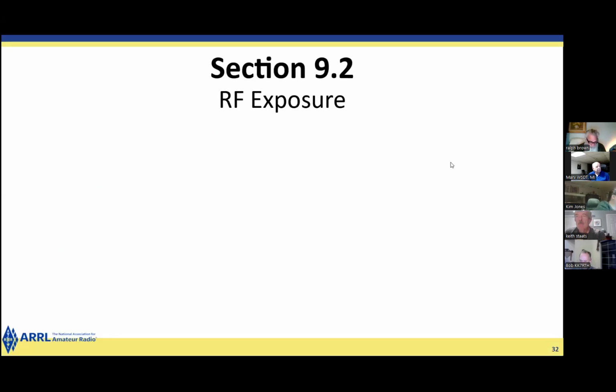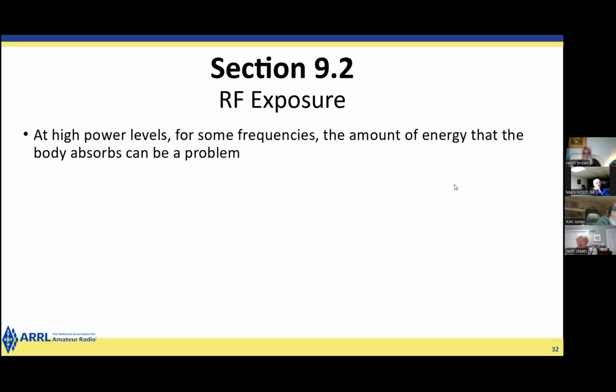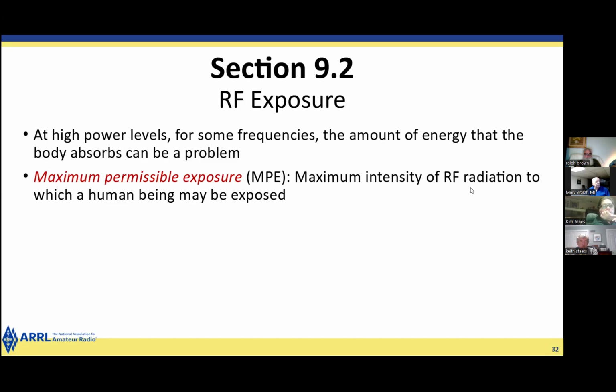RF exposure. Now, at high power level, for some frequencies, the amount of energy that the body absorbs could be a problem. Maximal permissible exposure, MPE, is the maximum intensity of the RF radiation to which a human being may be exposed.